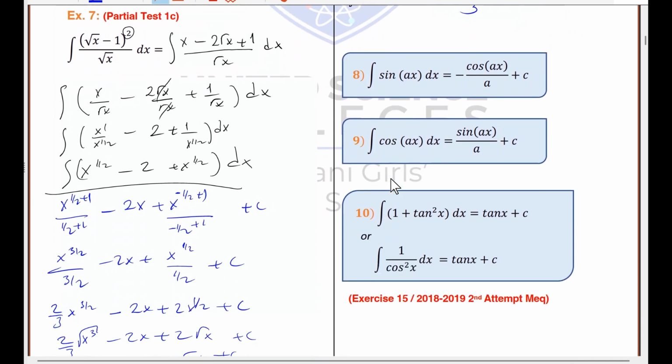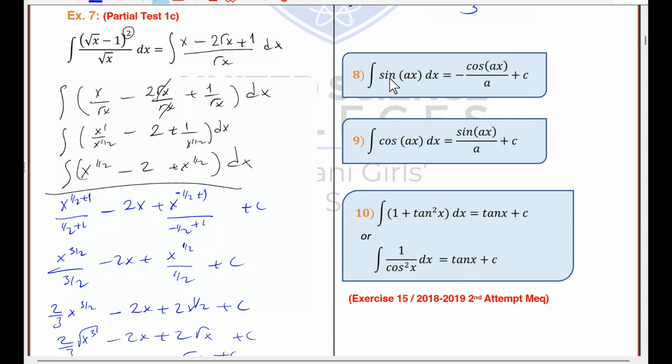Okay, finally, let's take a look at trigonometric function integration. Now, think about the function whose derivative is sine x. Which function's derivative is sine x? The derivative of cosine is negative sine x, so I should have a negative in the integration.